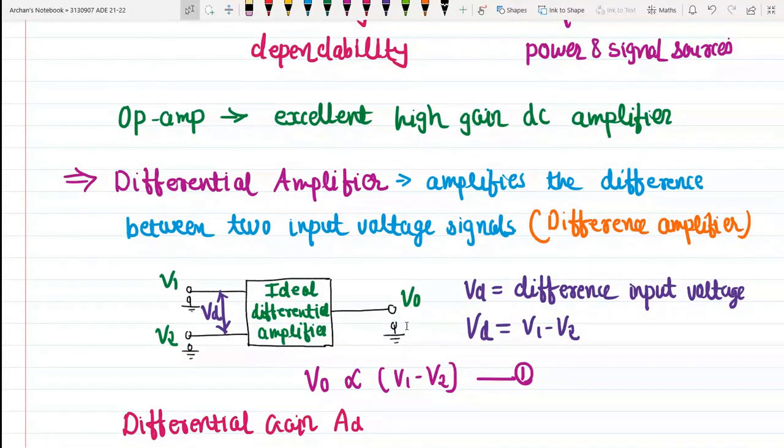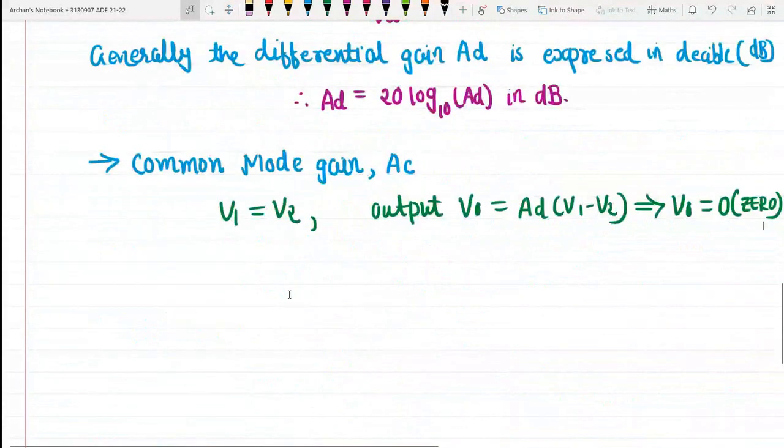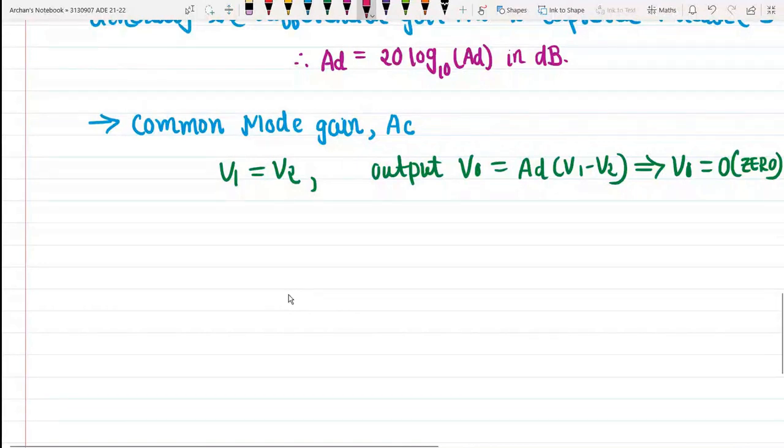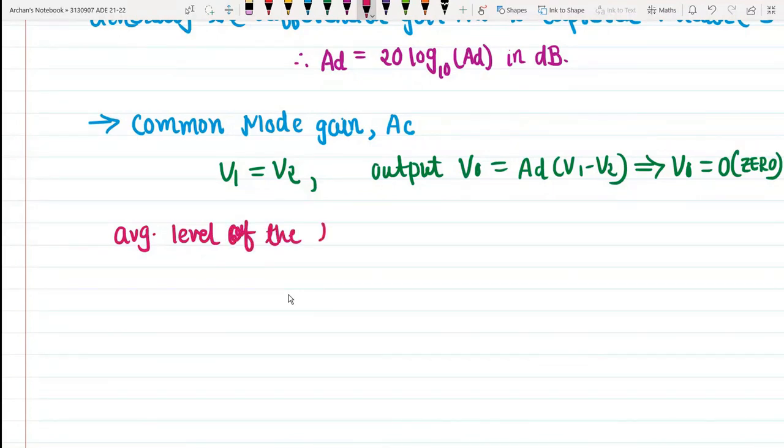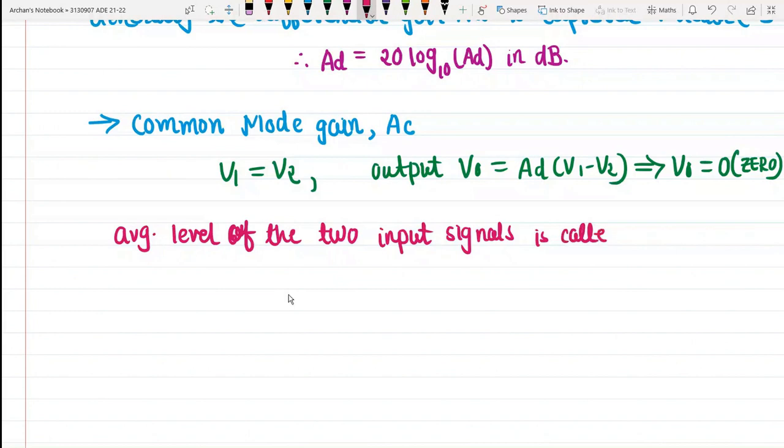That is what we have seen in the case of an ideal amplifier. But whenever we have a practical circuit, the average level of the two input signals is called the common mode signal, and it is denoted as Vc.